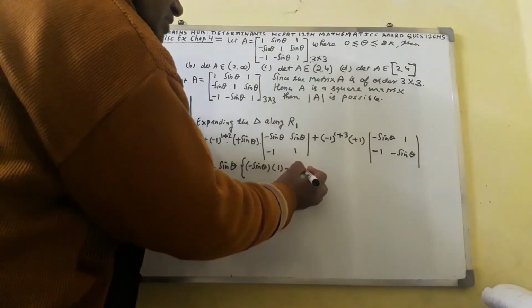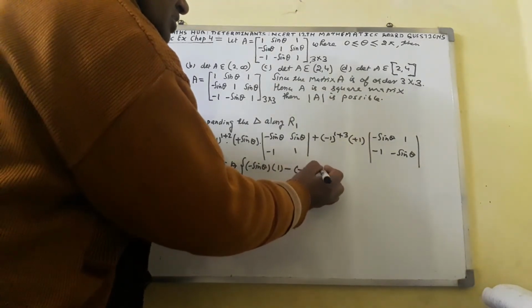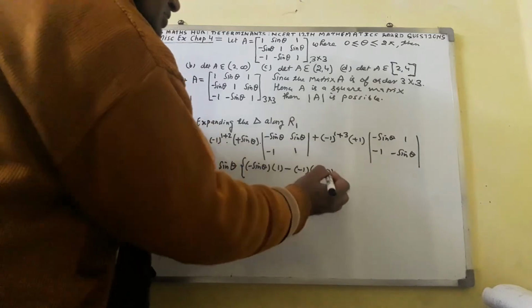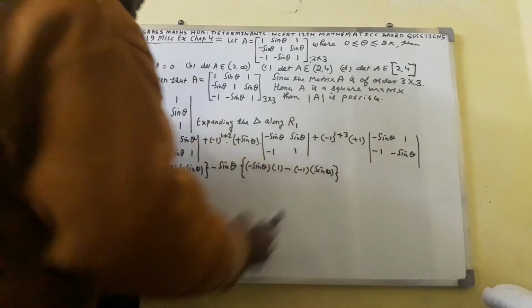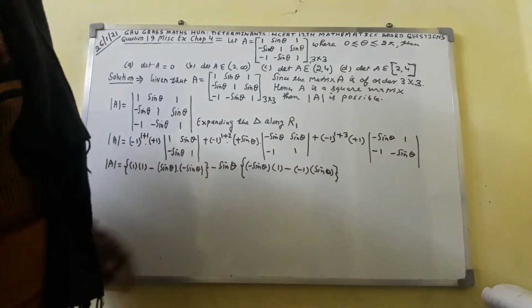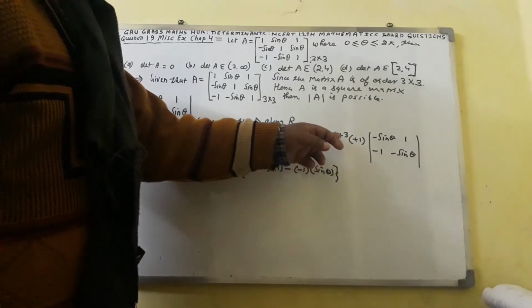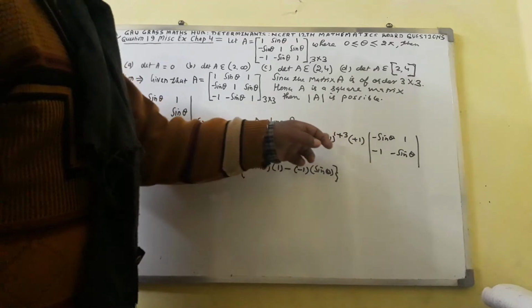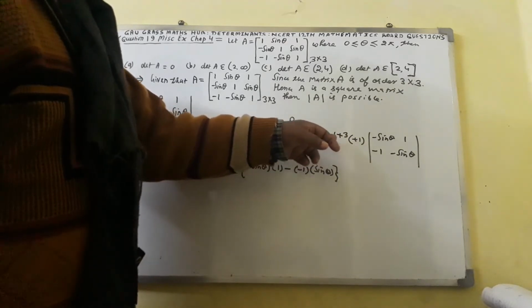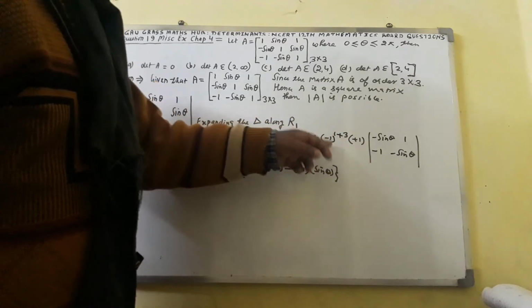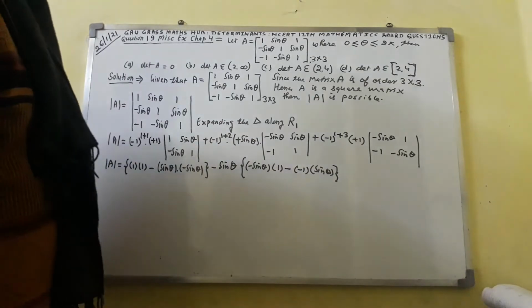So here write minus 1, here write sin theta. Curly bracket will be closed. And here you can see plus, here minus 1 raised to power 1 plus 3 comes out to here 4. Minus 1 raised to power 4 comes out to here plus 1. Plus 1 will multiply together, will get here 1.